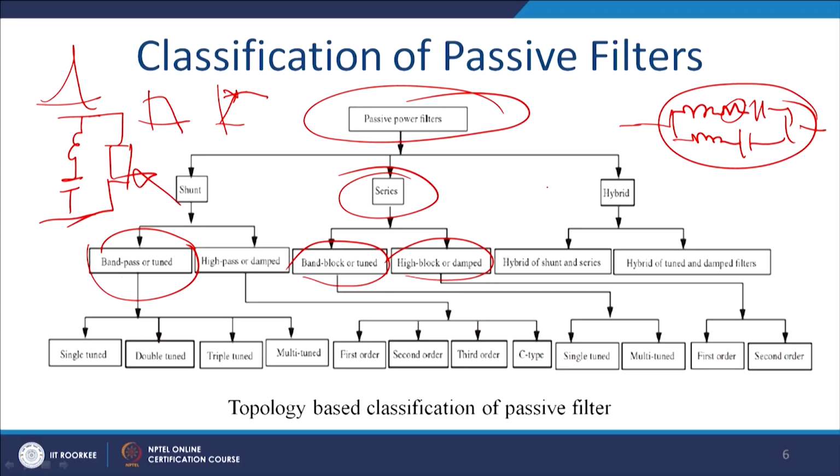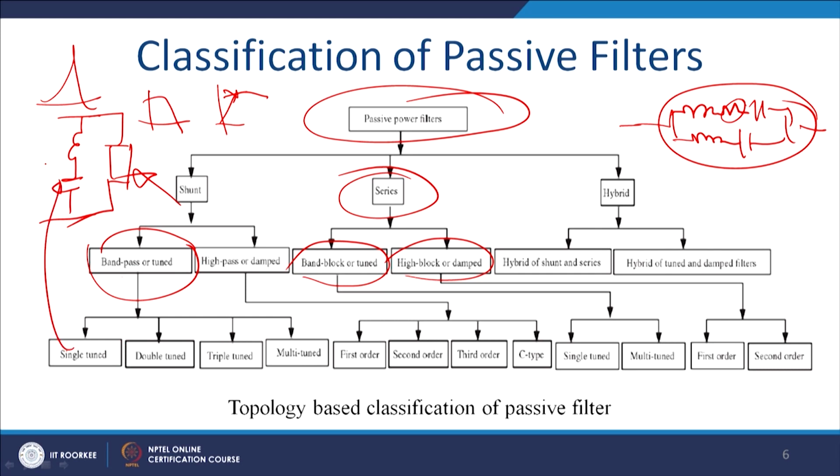Similarly, we can have the combinations of the series and shunt, and that is called the hybrid shunt and series, and in between you have a hybrid tuned damped filter. And the band pass filter can be further classified into the single tuned. This is this entity.